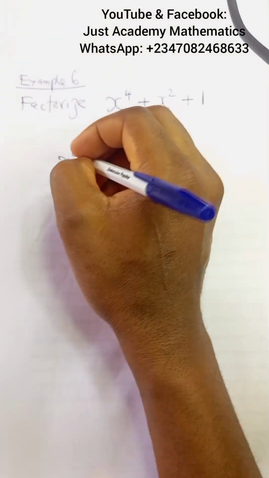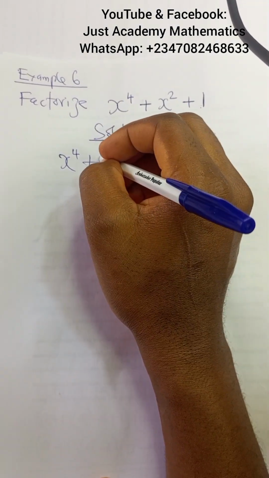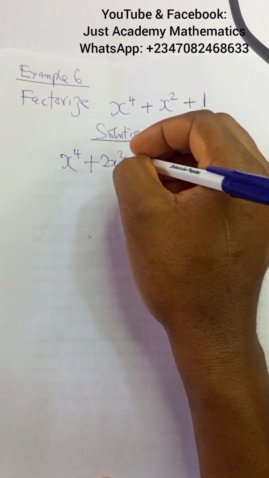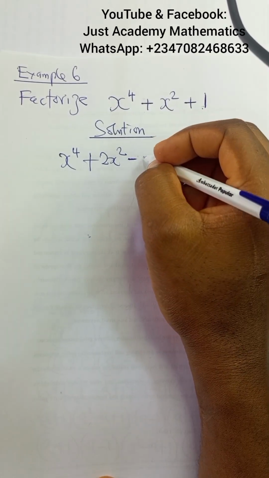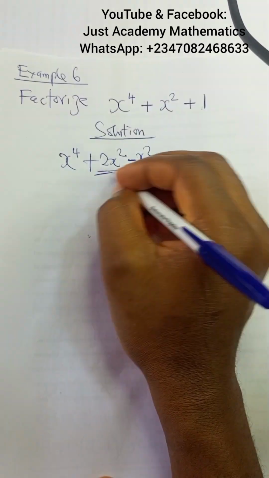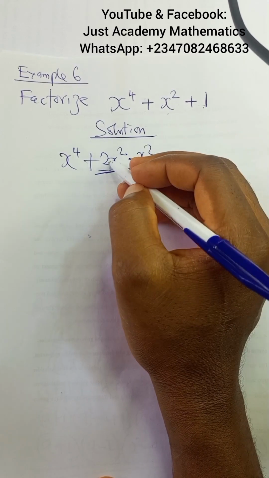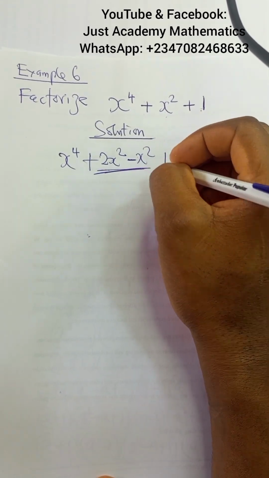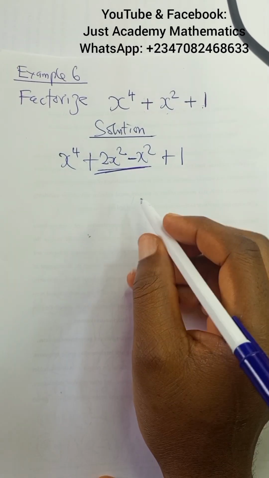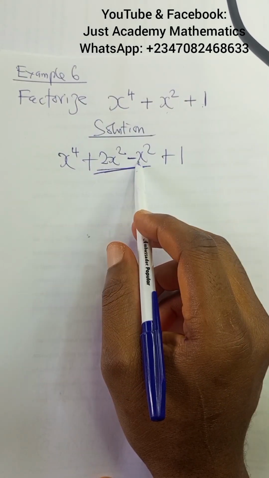So this s raised to the power of 4 plus 2s squared minus x squared. So this 2 now is still this one. 2 minus 1 will give you 1. Then plus 1.